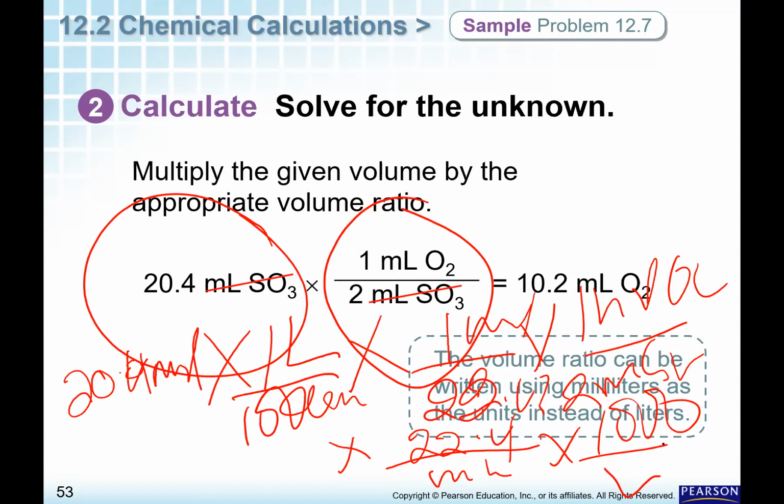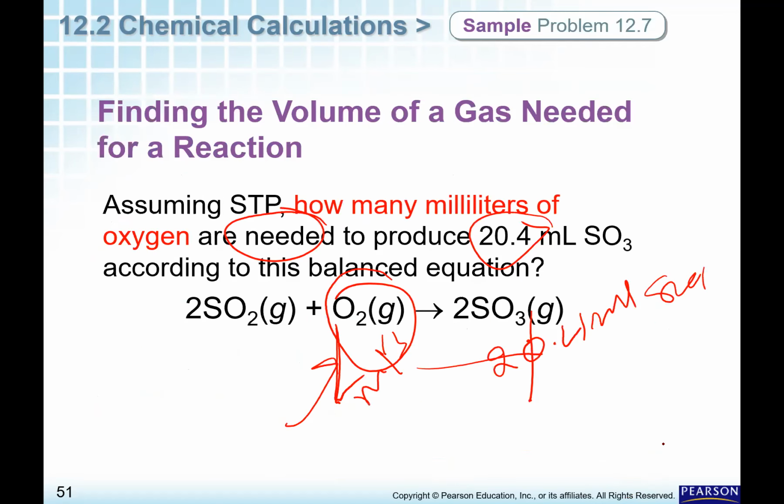Regardless of whether it is oxygen or sulfur oxide, it will occupy the same volume. So I can use the ratio from the equation. The ratio here is 1 milliliter of oxygen will produce 2 milliliters of sulfur oxide, because it is 1 to 2 moles. That's what I said.